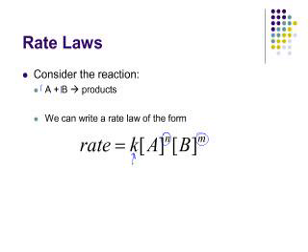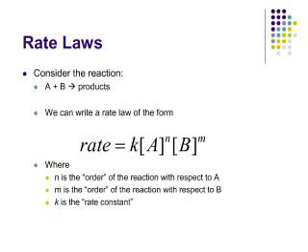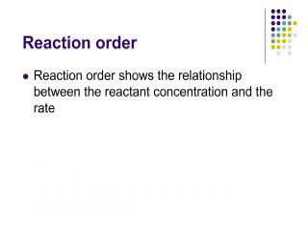Now these exponents, or these powers, are called the order of the reaction. So n is the order of the reaction for A, and m is the order of the reaction for B, and k is the rate constant. It's the proportionality constant that makes it all work together. And chemists studying reactions and how they work in kinetics really are very interested in the order of the reaction, because this gives you quite a bit of information about how the reaction is proceeding.